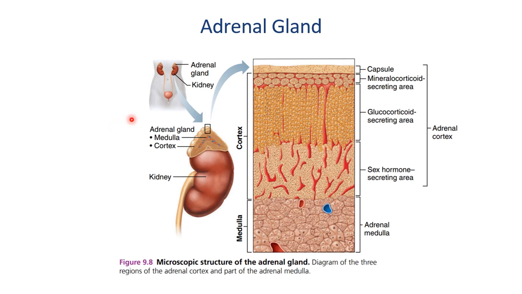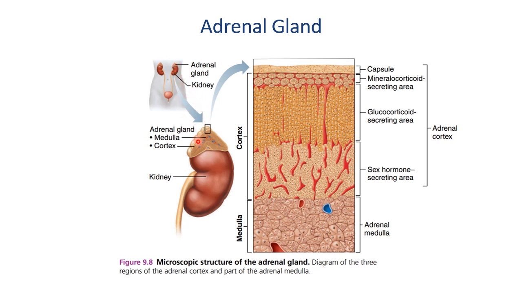Here would be the microscopic structure of the adrenal gland. And this is the location of the adrenal gland in the abdomen relative to the organs of the urinary tract. The triangular and crescentic glands on top of the kidneys are the adrenal glands.